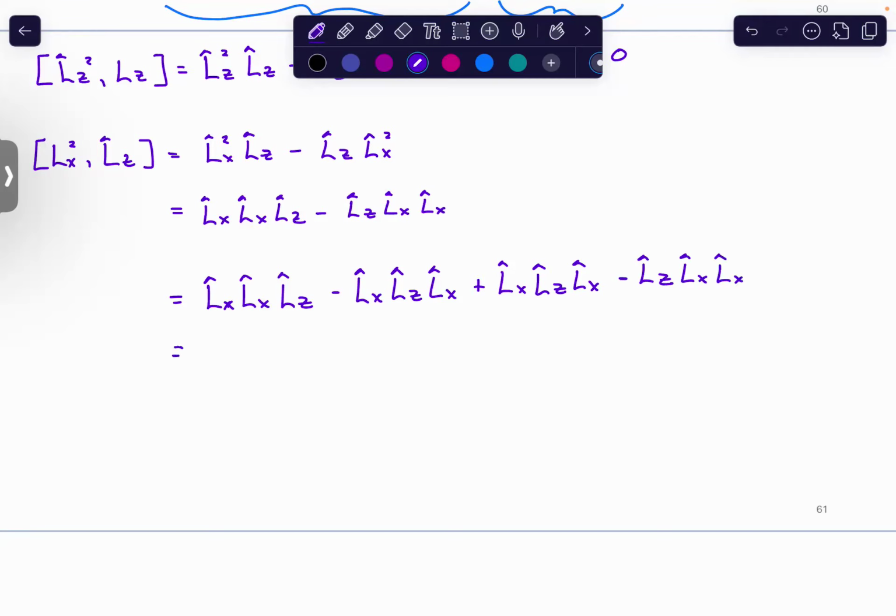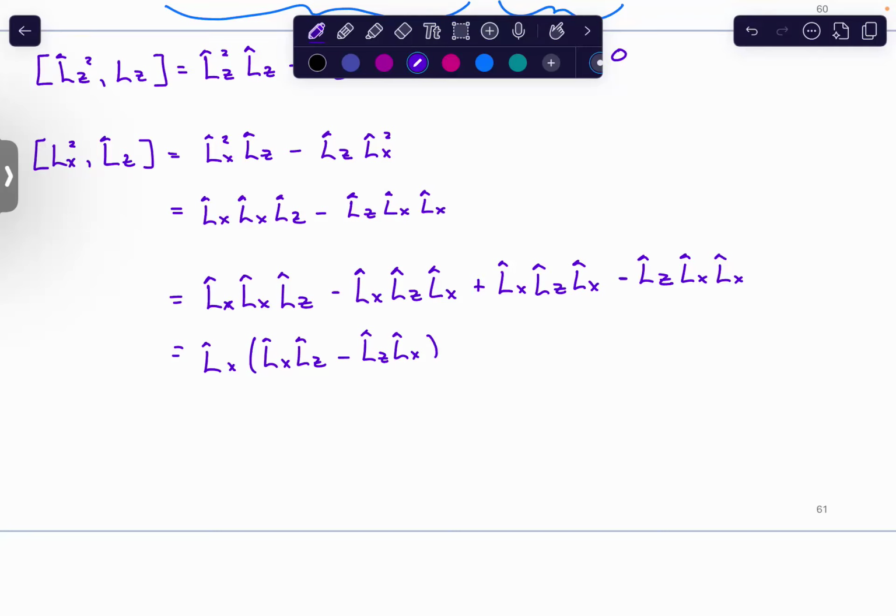Now look, these first two on the left, I can pull an Lx out from the front of both of them, and then I'll have Lx times Lx Lz minus Lz Lx.